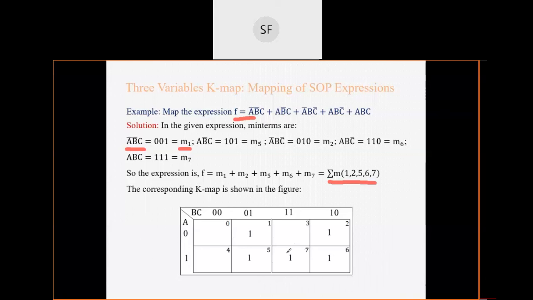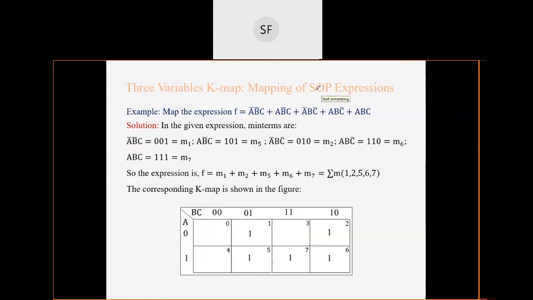Now this is nothing but mapping. In the remaining cells you can either put 0 or keep them blank. There is no problem. Here I am keeping them blank, because otherwise you will get more confused.